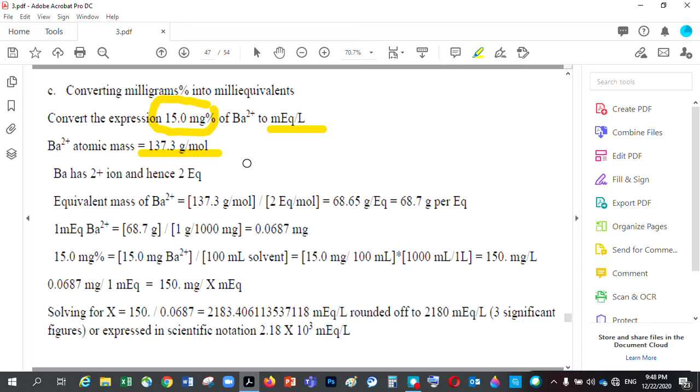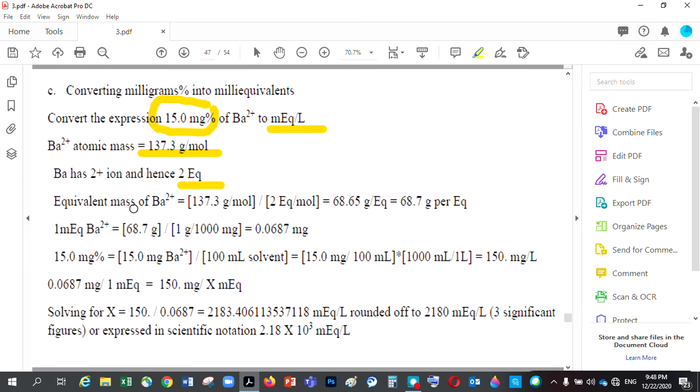That's the main important thing in this equivalent, the number of moles. Some textbooks don't really cover it that much, because in modern calculation you don't need the equivalent. You just calculate the whole thing based on the mole, and you end up with the same results. So barium has a 2 plus ion, and the equivalent is 2 plus, correct?